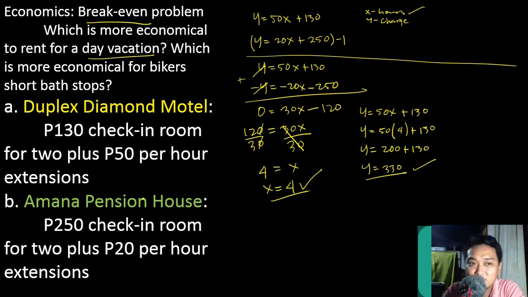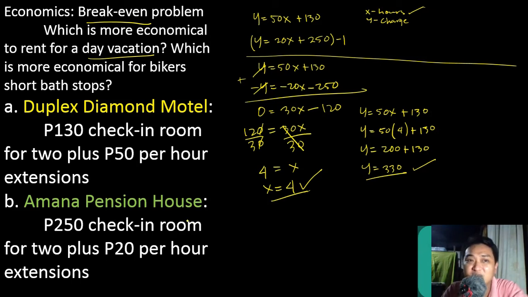Alin man sa dalawang motel, whichever motel you stay in, for as long as you will stay there for about 4 hours, you will pay the same charge, which is 330 pesos. Pareho lang yung babayaran mo. Kung 4 na oras ka sa duplex or 4 na oras ka dun sa Amana Pension House, parehong 330 ang babayaran natin.